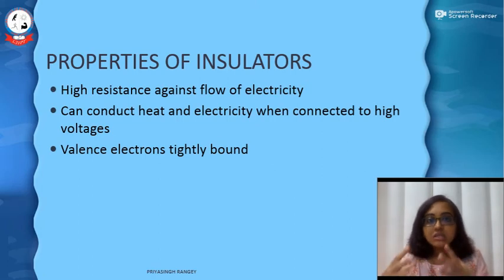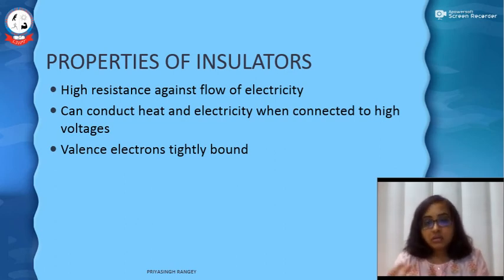Since these electrons are tightly bound, it becomes very difficult to remove them from the orbitals and allow them to flow freely in the material. Hence, we can say that it provides high resistance against the flow of electricity.